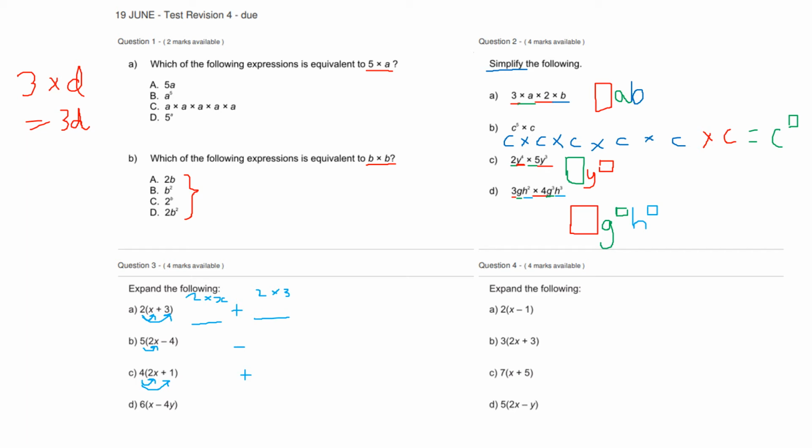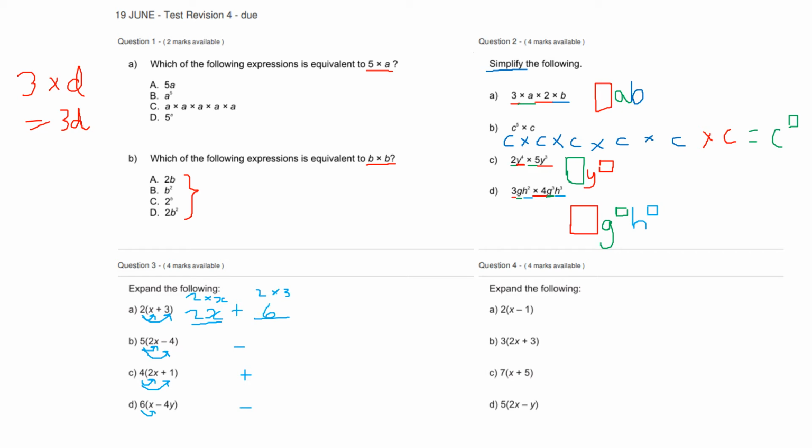And for the last one, 6 times x, or 6 lots of x, and it's going to be a minus this time, what 6 lots of 4y would be. Okay. To give you an example then, so for a 2 lots of x would just be 2x, and 2 lots of 3 would just be 6. So the answer is 2x plus 6.